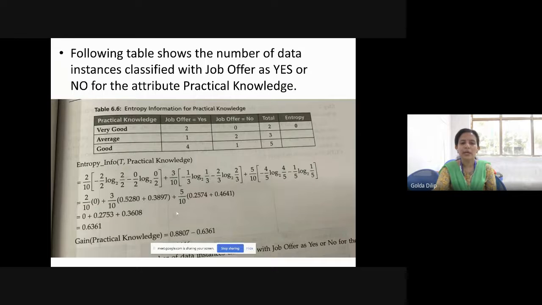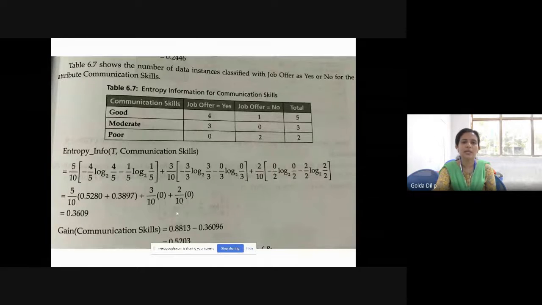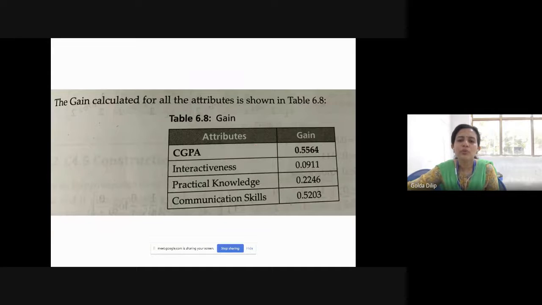Then we computed the information gain for each of the attributes. You can see the information gain for CGPA, interactiveness, practical knowledge, and communication skills. From them, which was the one with the maximum information gain?